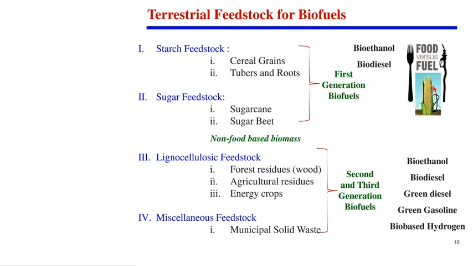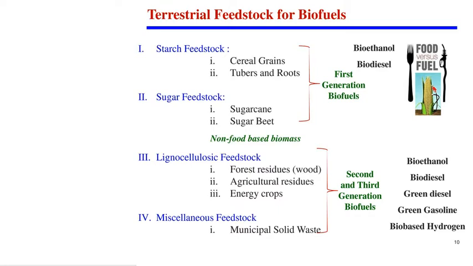So actually the biofuel application started with this kind of feedstock. Even in the United States, corn is used to make biofuel, but the challenge here is, they are called first generation biofuel. Why? Because all the materials are food items. Corn is used for food. Cereal grains are used for food. We don't want to divert them to run our car.